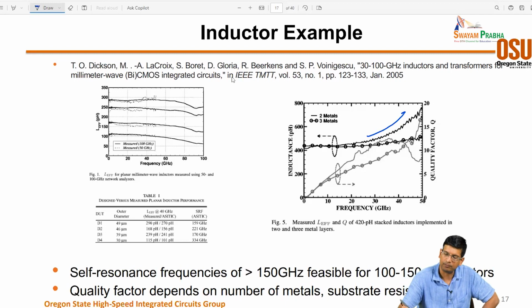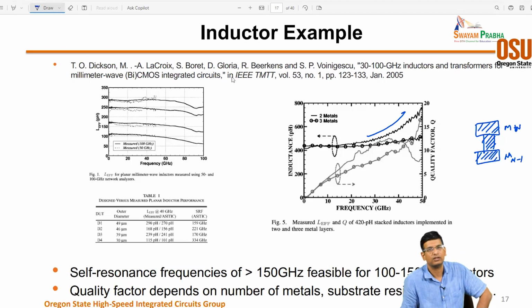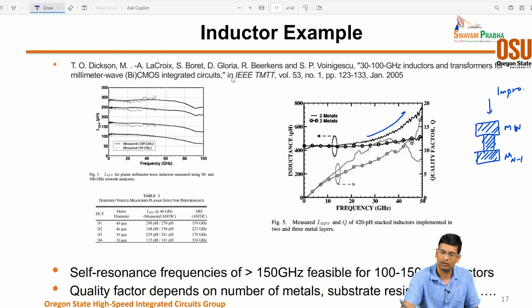So one thing that people do is that, let's say that this is my top metal layer, right? MT, and then let's call that Mn, and this is Mn minus 1, right? Then you might build an inductor by just strapping these two metal layers together, right? So that you're basically increasing the effective width of your inductor. This is a technique that works well to improve Q as well, right?